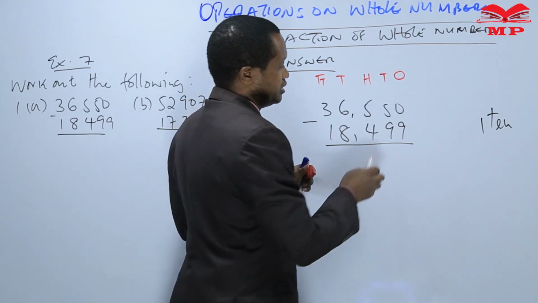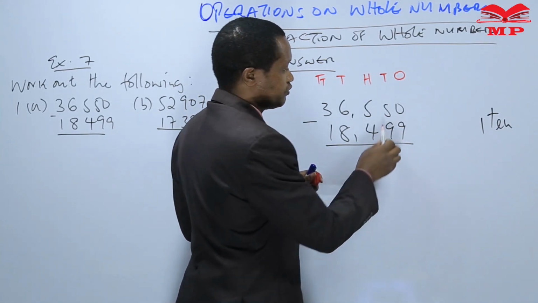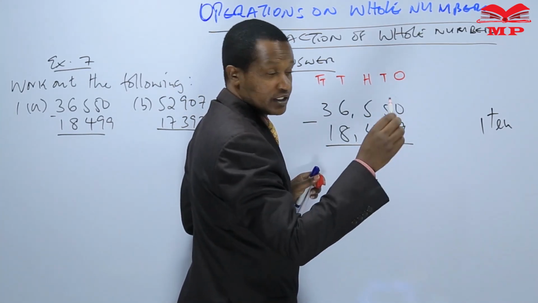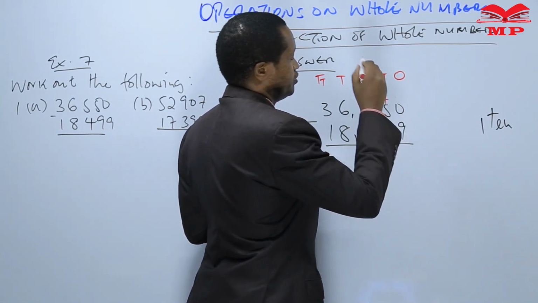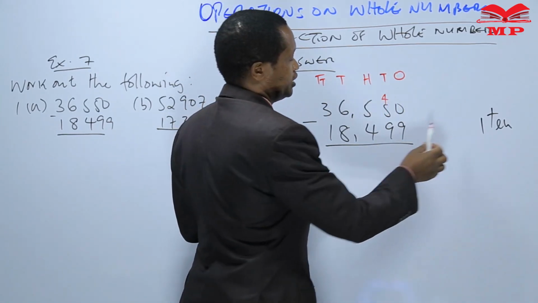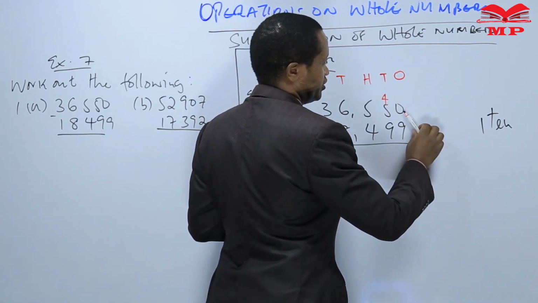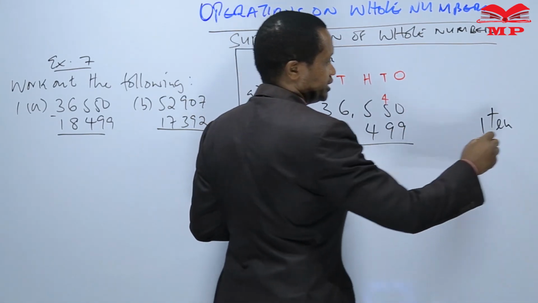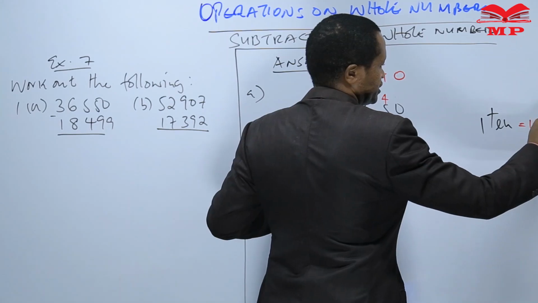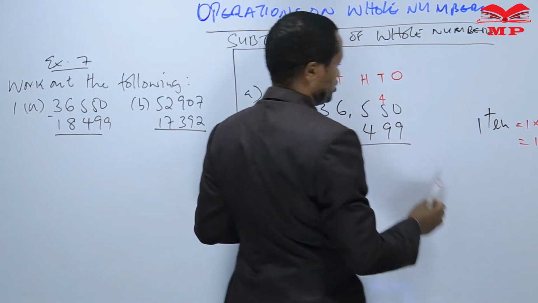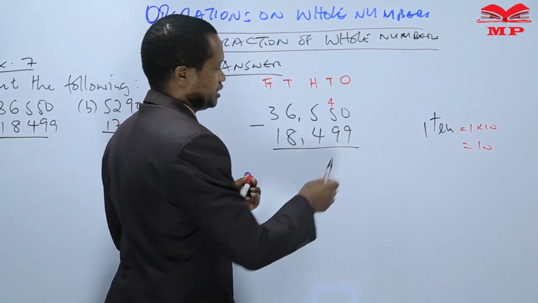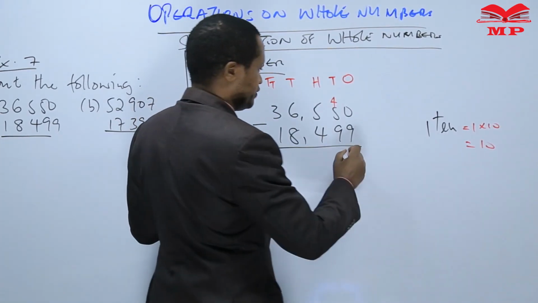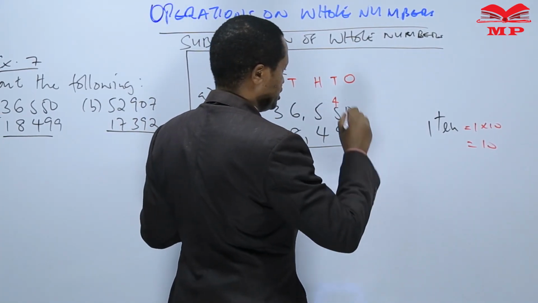After borrowing 1 ten, the tens will reduce from 5 to 4. So here we'll have 10 plus 0 minus 9. 1 ten is equal to 10, so 10 minus 9 will give us 1.